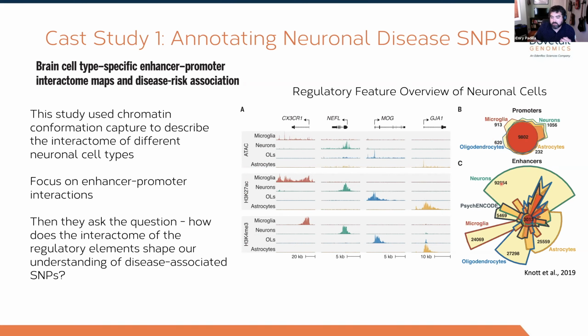And then for enhancers, they're bringing in additional data types, the PsychENCODE data, and asking how many enhancers we actually know overlap with each other between these different cell types, and how many are unique. So really their next goal here is, can they describe why these differences between these different cell types occur and what that might mean for the phenotype of those particular cell types.